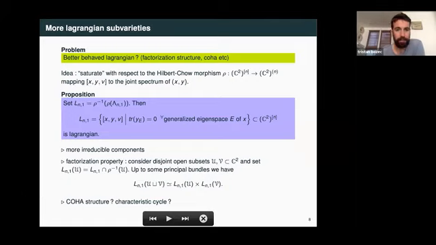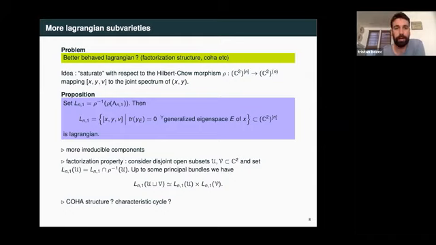Why? Because the issue is that we might want to get Lagrangian subvarieties that behave better than this one. And by that, I mean that there's no easy factorization structure that we can put on these Lagrangian subvarieties, which is a problem, for instance, if we're interested in putting some Hopf structures on cohomology groups of our Lagrangian subvarieties.